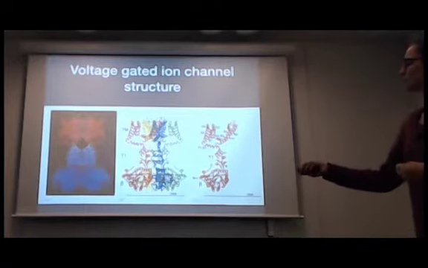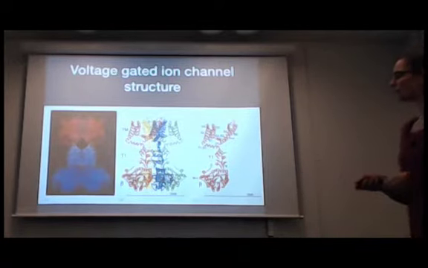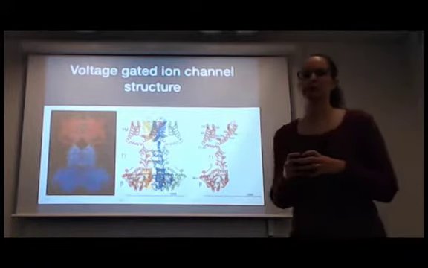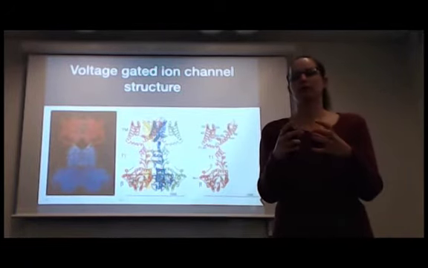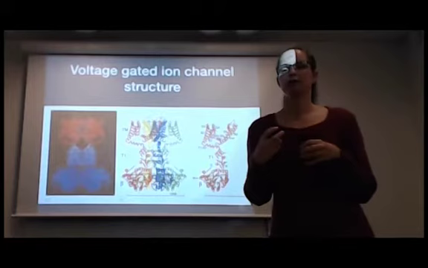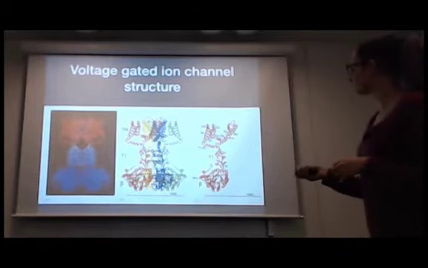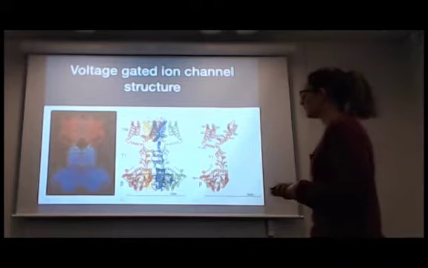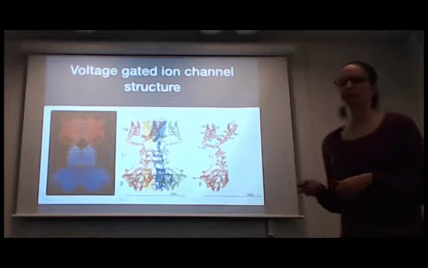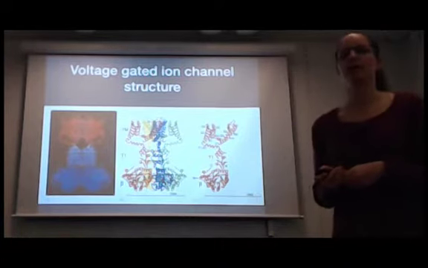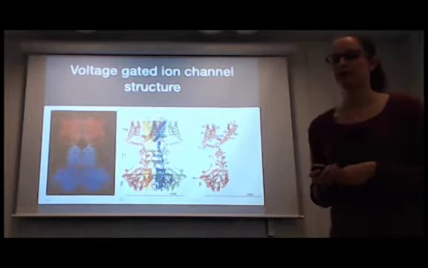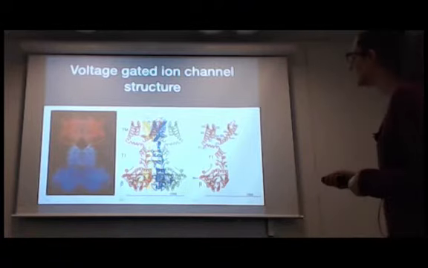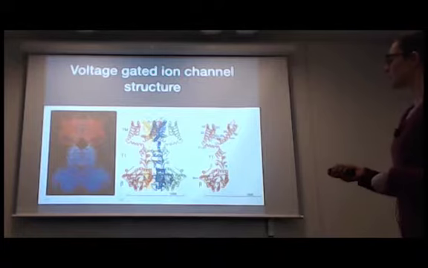So here, this T1 domain, for example, is thought to be important for the tetramerization, which means bringing these four subunits together. And it's a peripheral domain, so it's located not in the membrane, but at the intracellular level of the membrane.